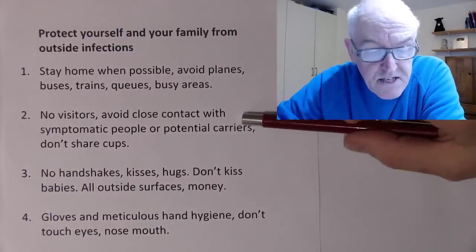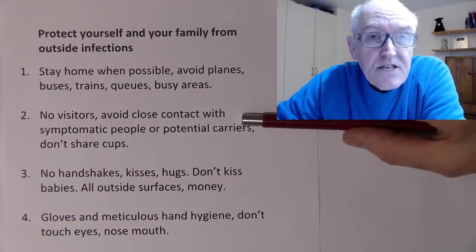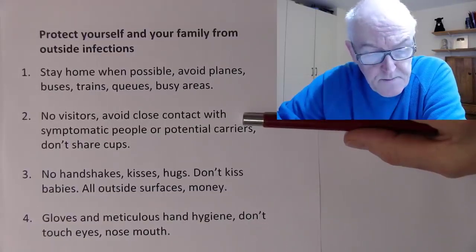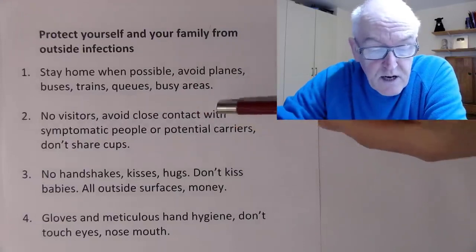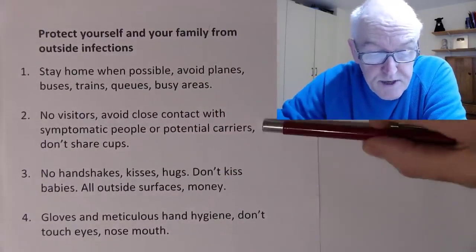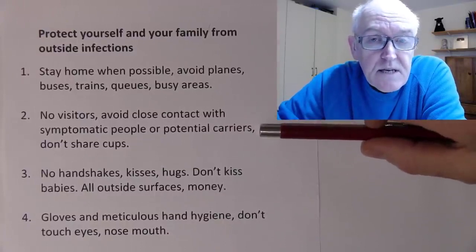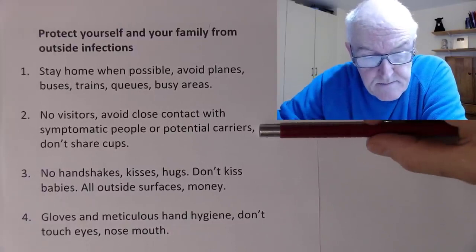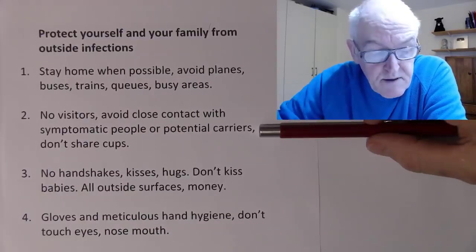So we need to be a bit asocial. We kind of need to change the way that we do things, just for a period of time if there's a viral infection about. Obviously avoid close contact with people that are having symptoms, or people that are potential carriers. Because with viral disease, there's often an incubation period. The people feel fine, but they're not.